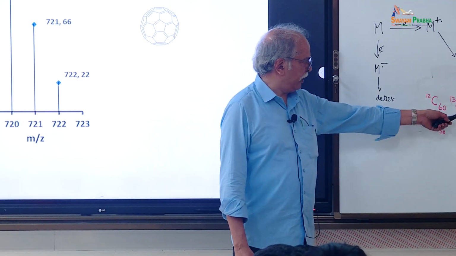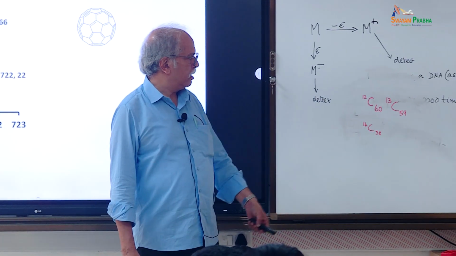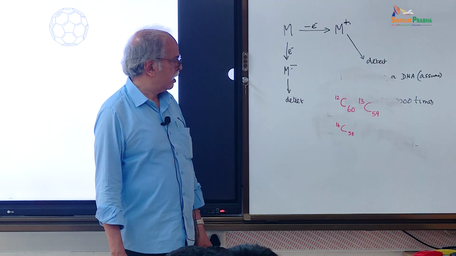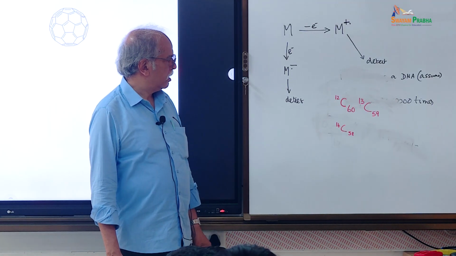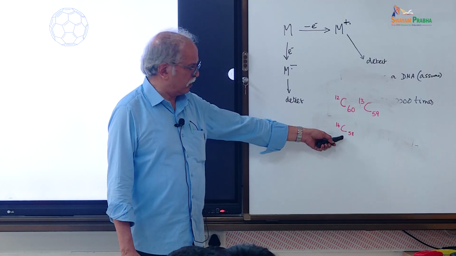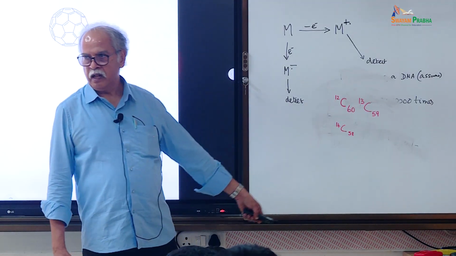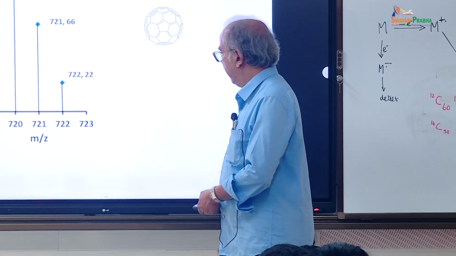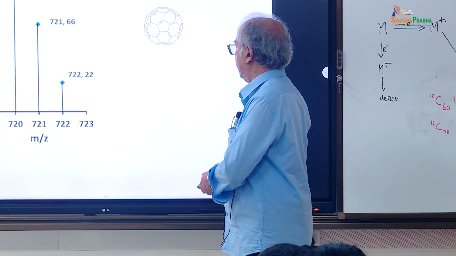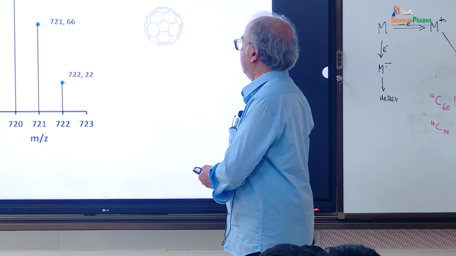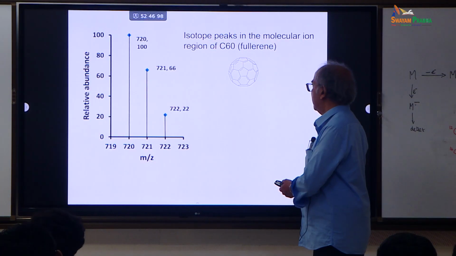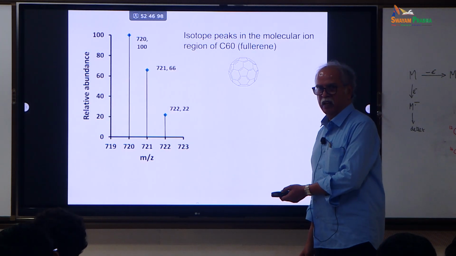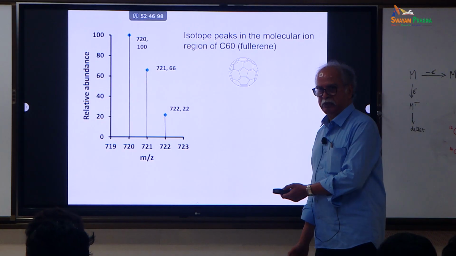How much is this going to be? This is going to be almost absent. One can analyze that and get a spectrum corresponding to molecular ion peak 720, 721, which is a carbon 13 substituted, natural abundance carbon 13 substituted.